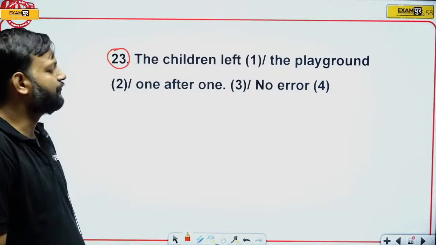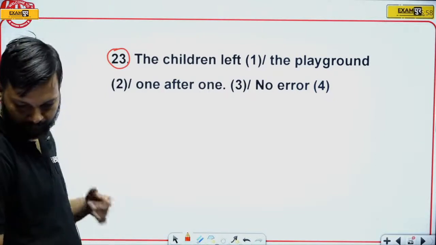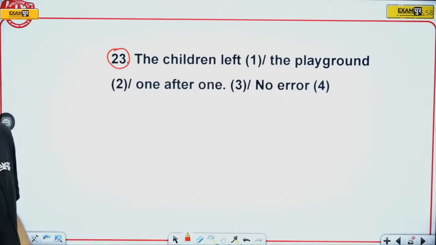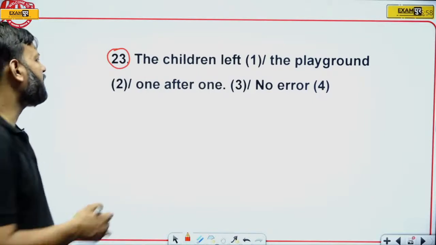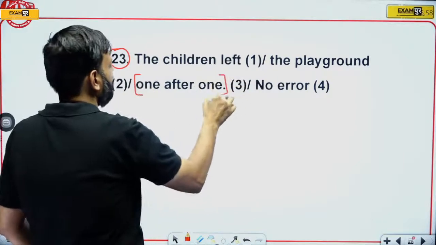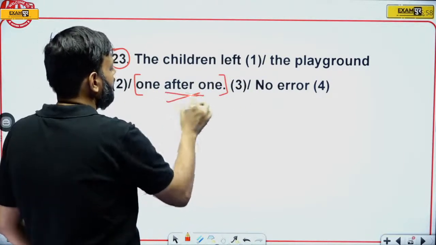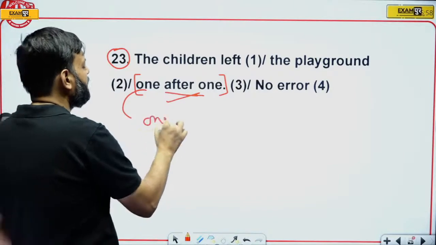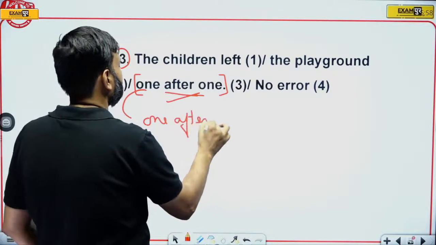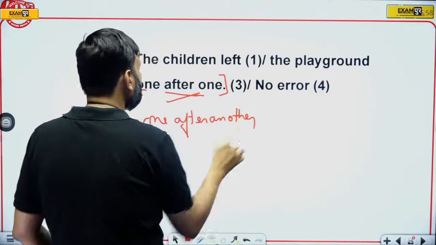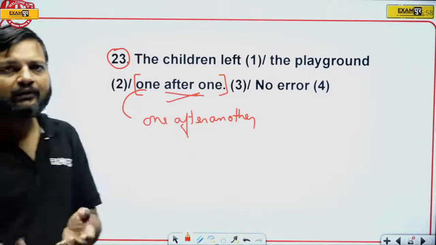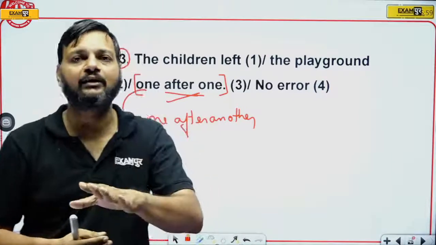See, grammatically one after one is not right. If you want this expression, you need one after another. For one after one, the correct expression is one after another.